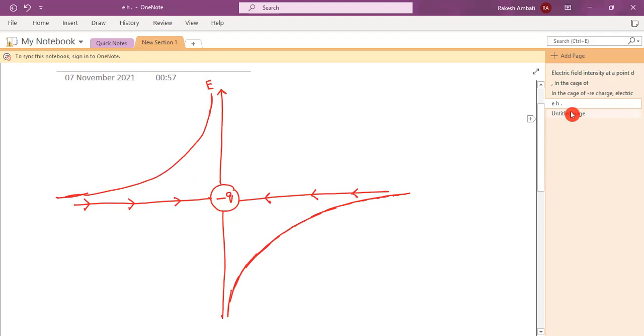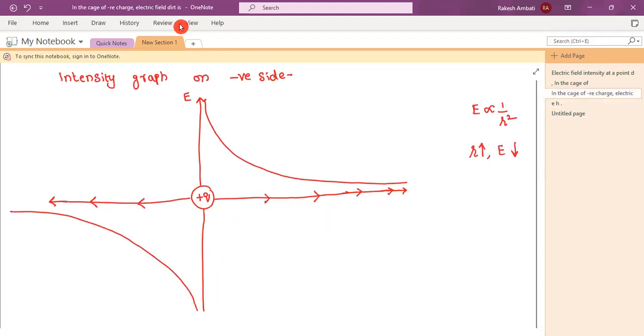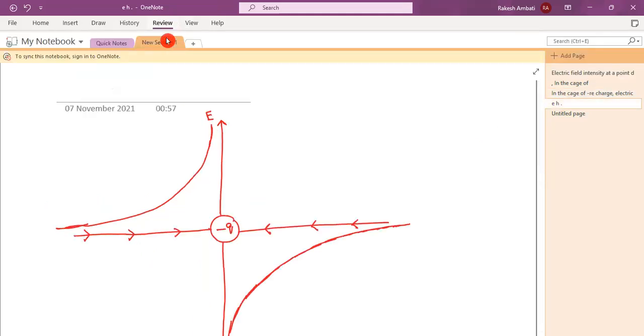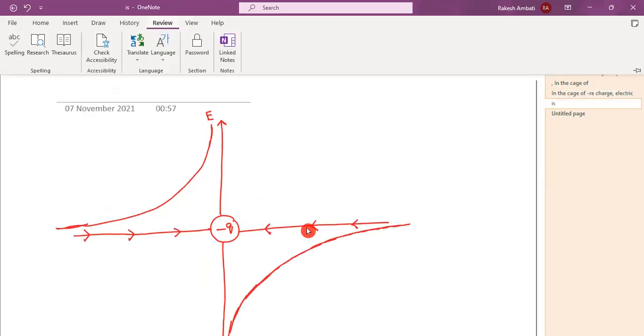So this is the intensity distance graph in the case of a positive charge and a negative charge. If intensity is in the negative direction, we draw the graph on the negative side. If intensity is in the positive direction, we draw the graph on the positive side. Okay, so thank you.